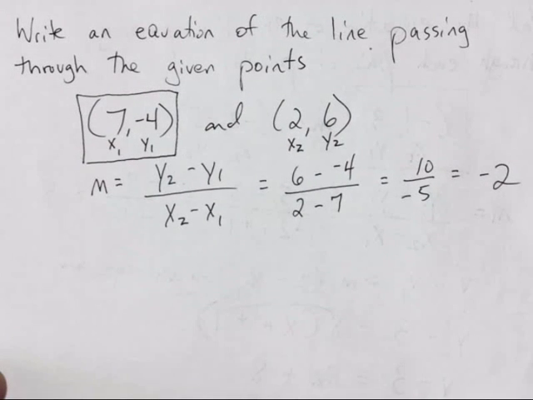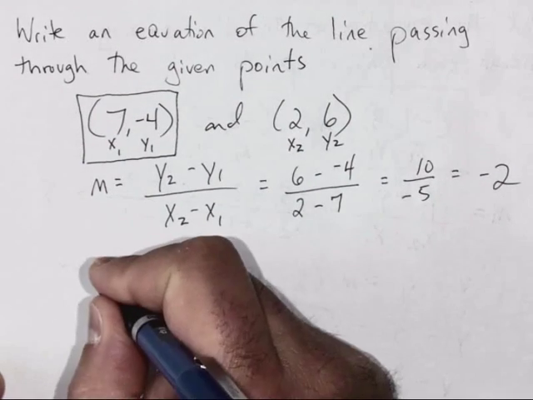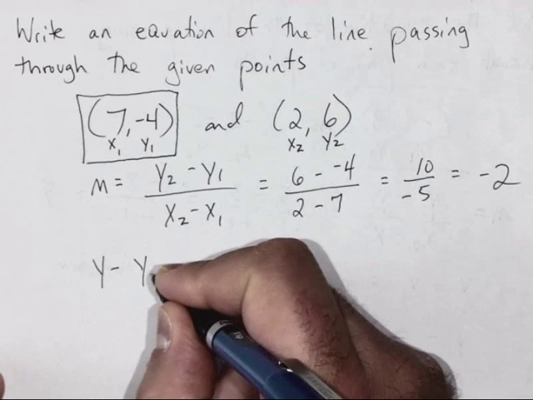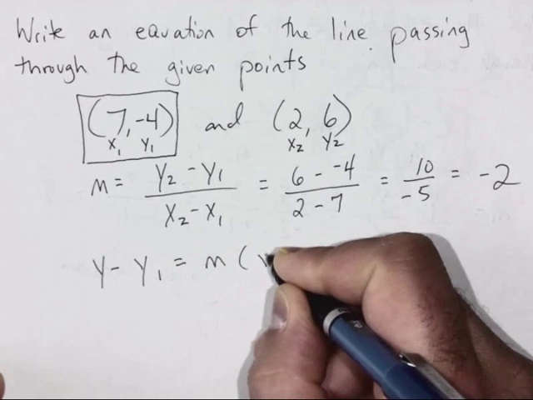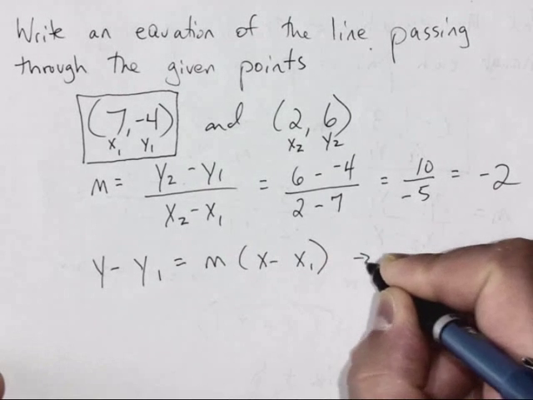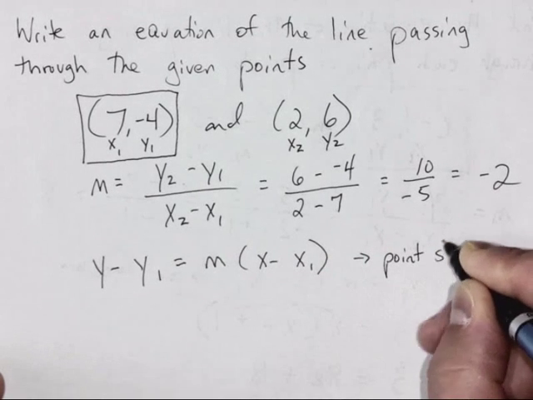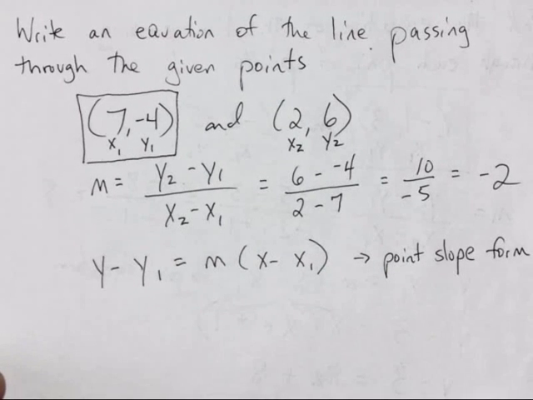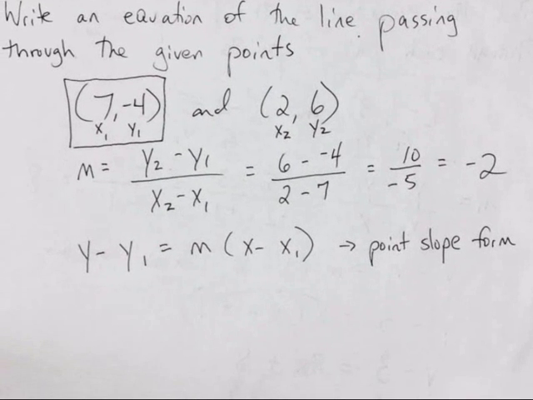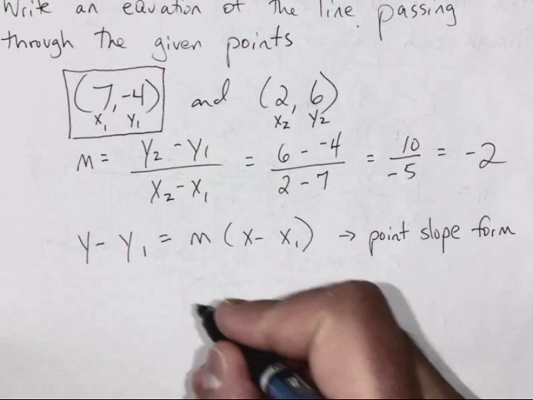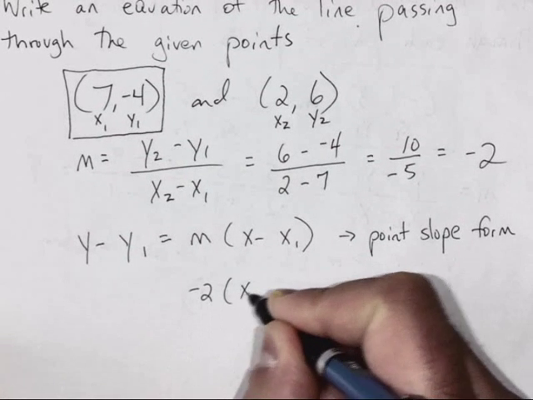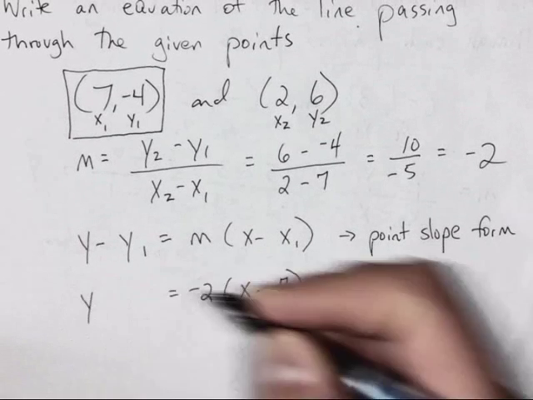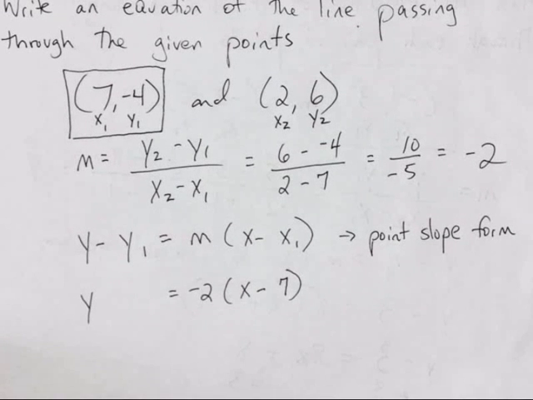I'm just going to use the first one, and we're going to use that slope and that point into our point slope formula, which remember looks like this. So I have m, which is my slope. I have x1, which is the x-coordinate of my point. And I also have y1, which is the y-coordinate of the point.